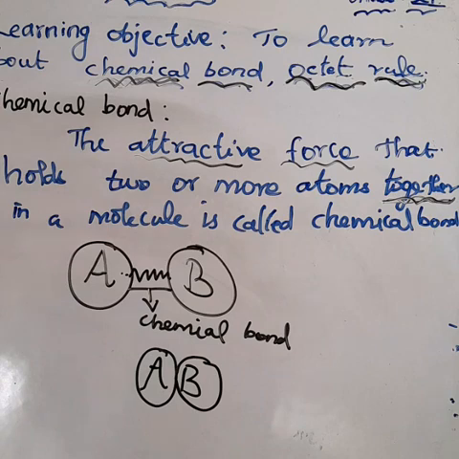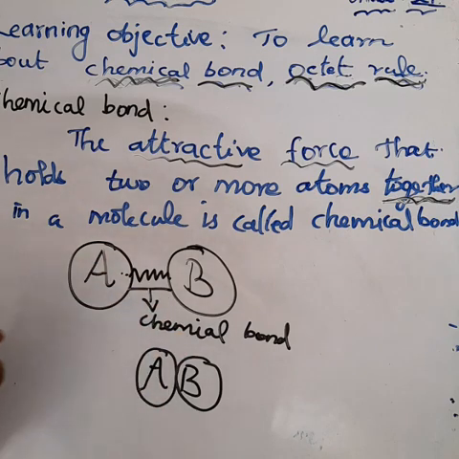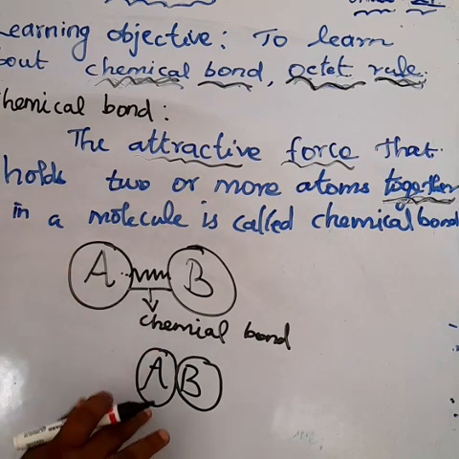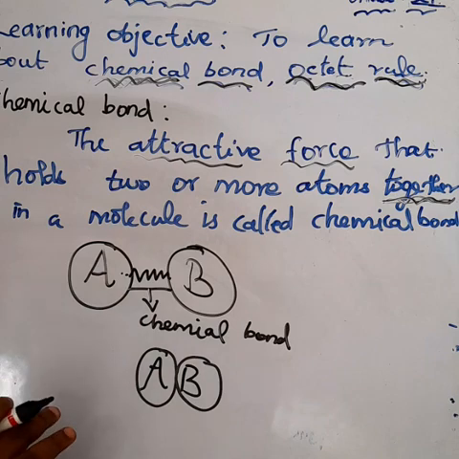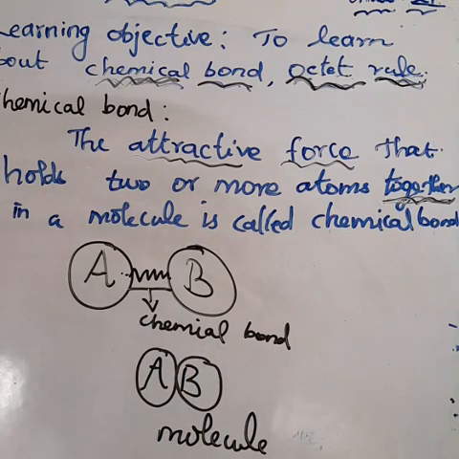The attractive force between the two atoms forms the chemical bond between them, and because of this chemical bond, AB molecule is formed. Okay, what do you mean by molecule? Already we learnt about that. Two or more atoms chemically combined to form the molecule.